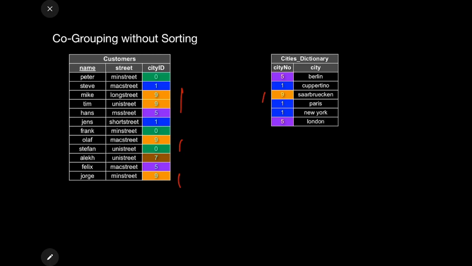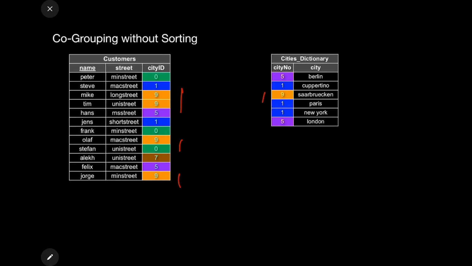And I don't want to combine them in a nested loop fashion. I want to create co-groups like this, such that it's guaranteed that I only have to join this chunk from R with that chunk of S, that chunk of R with that of S, that and that, plus the condition that for all of these co-groups, at least one of the subsets fits into main memory, because then I can execute simple hash join.